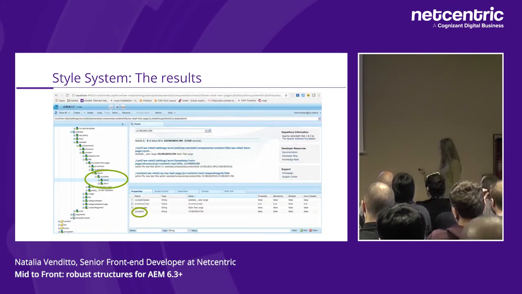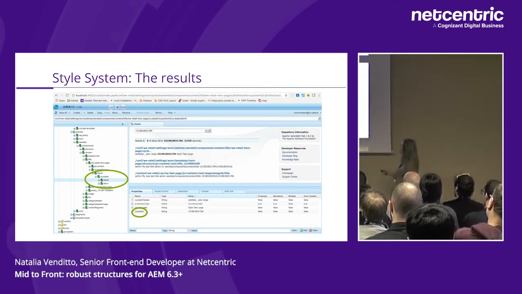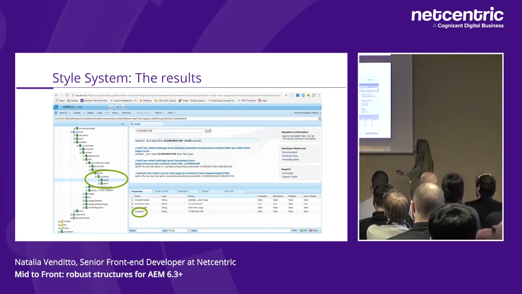So I ran a search for one of them after some advice, and okay, I see here the same content structure, and I see some CQ styles, item 0 and item 2 that are CQ style classes of name, and in the value of a string have the class I just defined.